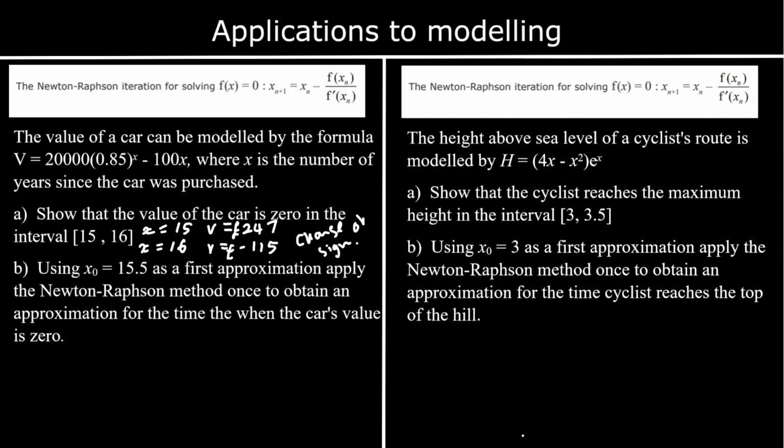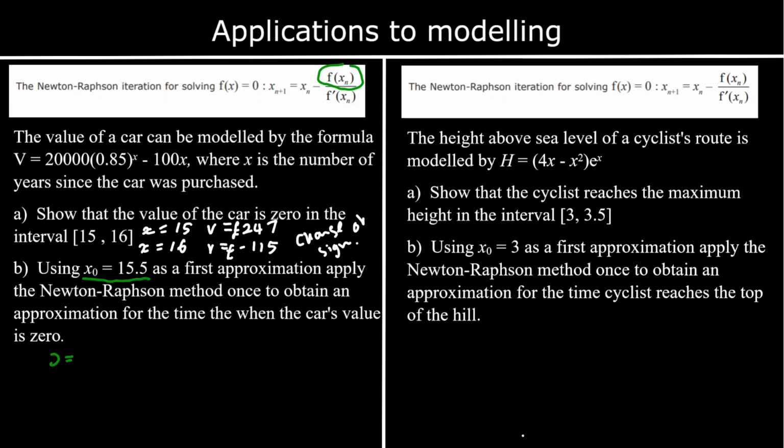Using x0 as 15.5, the first approximation, use the Newton-Raphson method to obtain an approximation for the time when the car's value is 0. So we've got 15.5 as our first approximation. We need to put 15.5 into the function. So that would be our f of x0, and we haven't worked that one out.